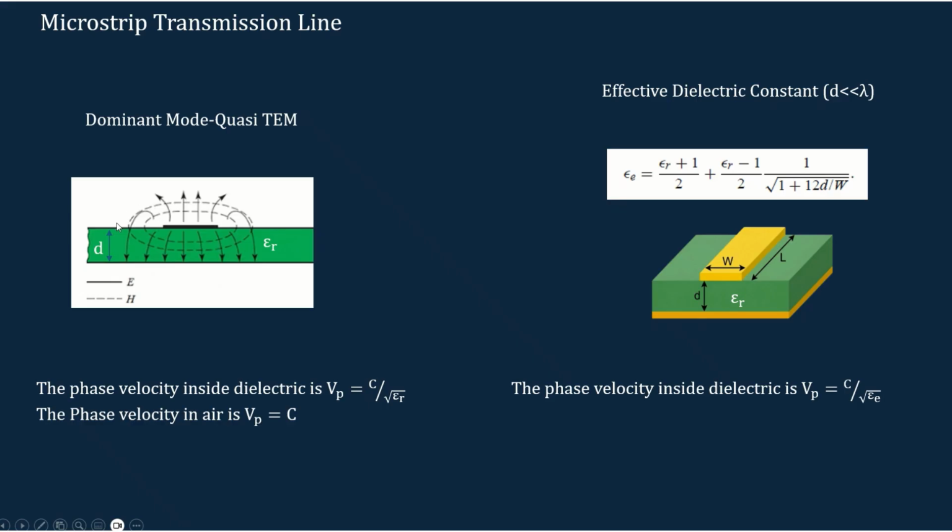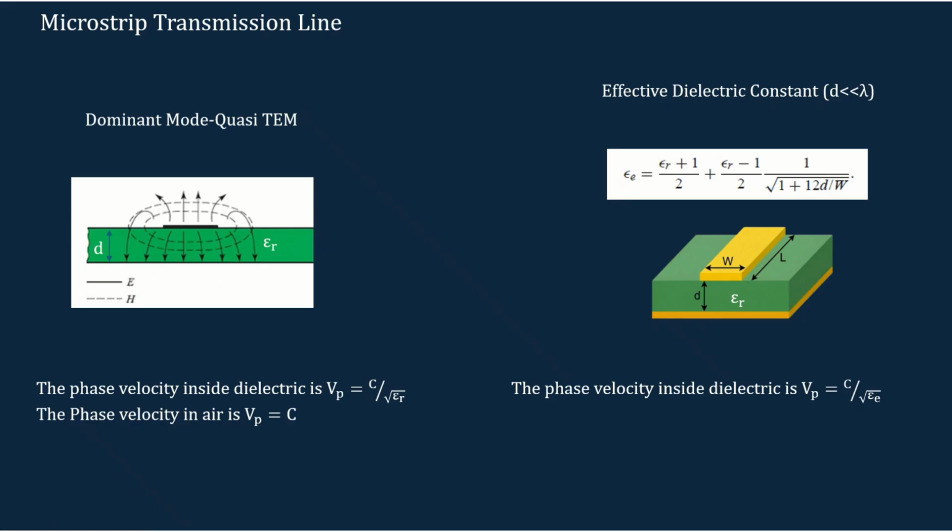That is, some fringing occurs. Due to this fringing, it will not support the pure TEM mode. In TEM mode, the electric field and magnetic field are perpendicular to each other and to the direction of propagation. Here you can see that the electric field is not that perpendicular. It can have components in the air and inside the dielectric.